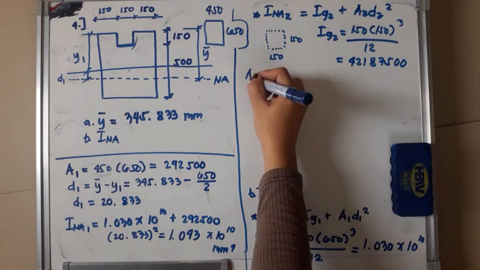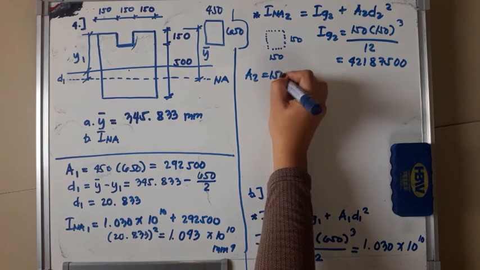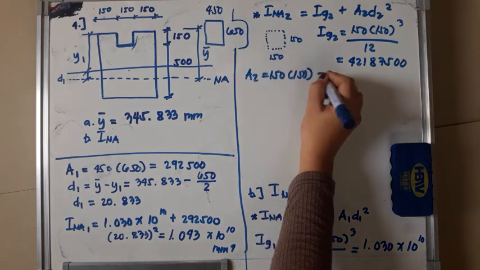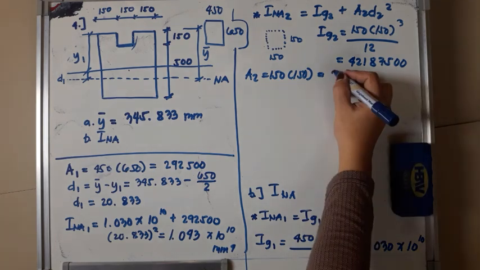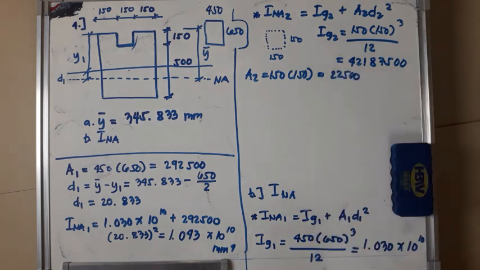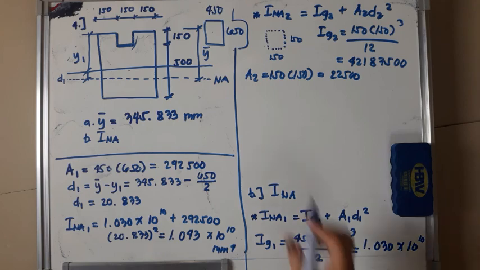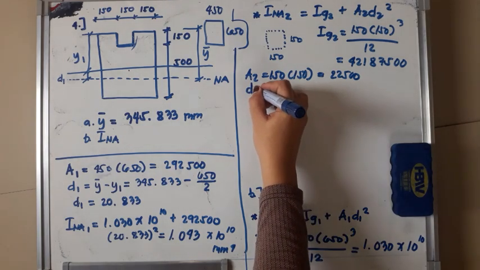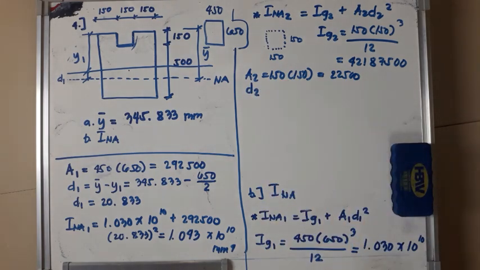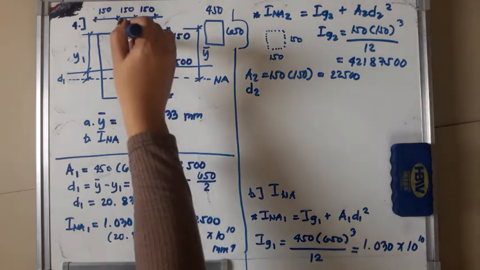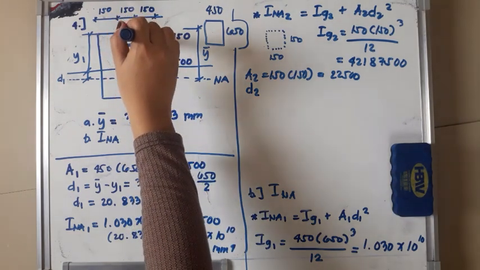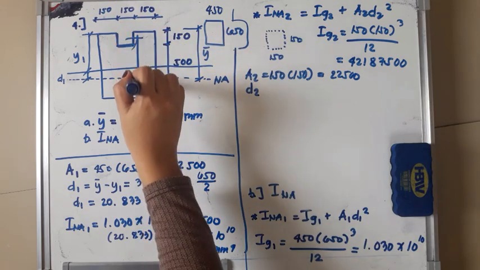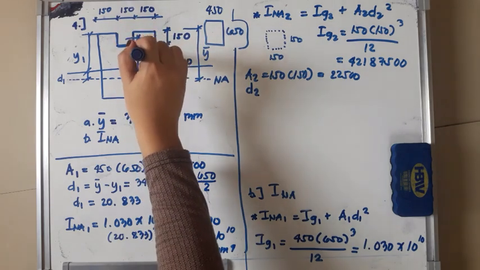Next, A2. A2 is 150 times 150. So 150 raised to 2, 22,500 mm squared. Next, D2. So what's our D2? D2 is the distance of the centroid of this hole with respect to the neutral axis. So this is D2.